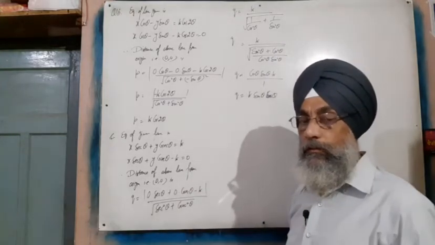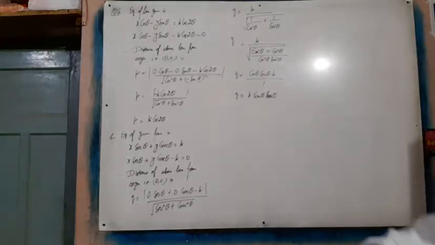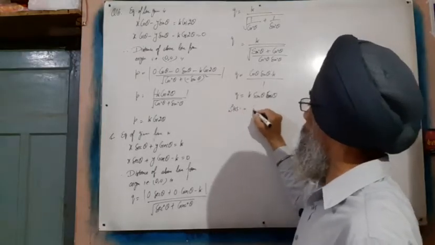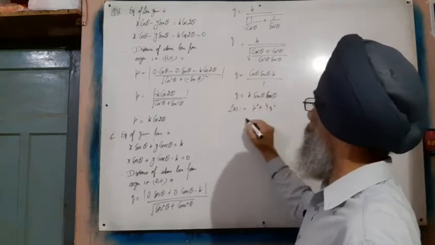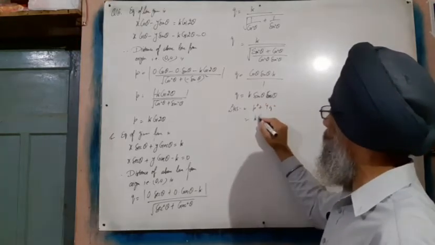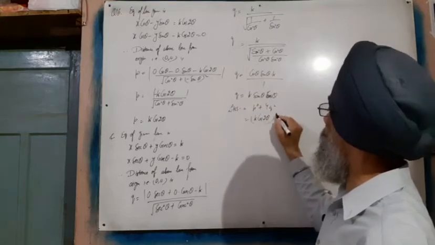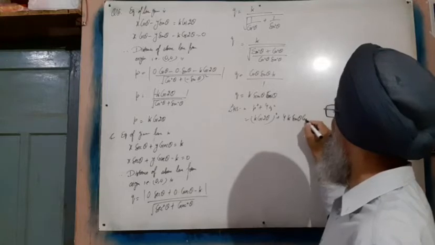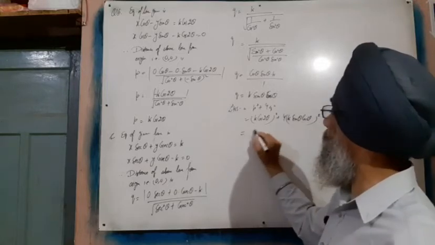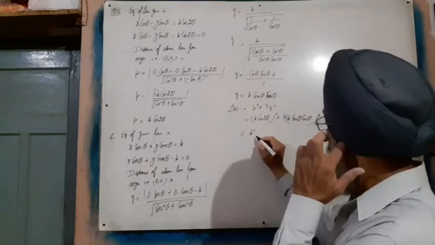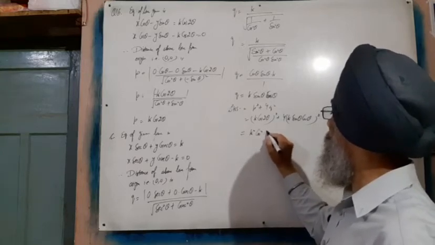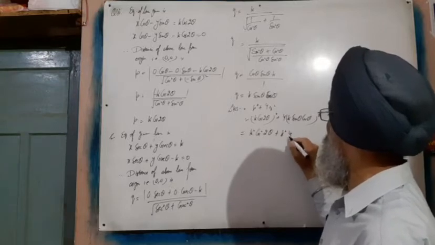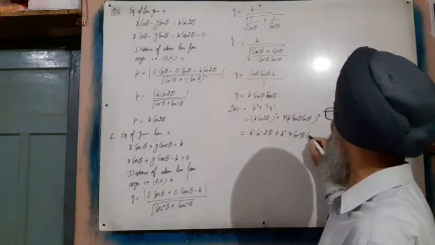Now, if we put them in the left hand side of the expression we have to prove, that is p square plus 4 times q square, it is given by k cos 2 theta whole square plus 4 times k sin theta cos theta whole square. It becomes k square cos square 2 theta plus k square into 4 sin square theta cos square theta.